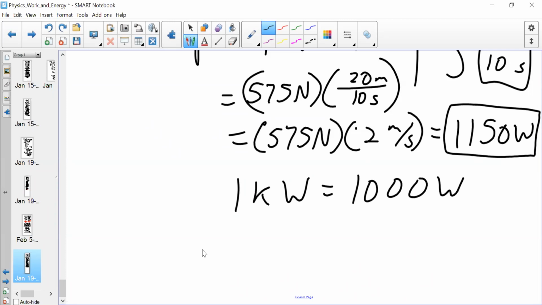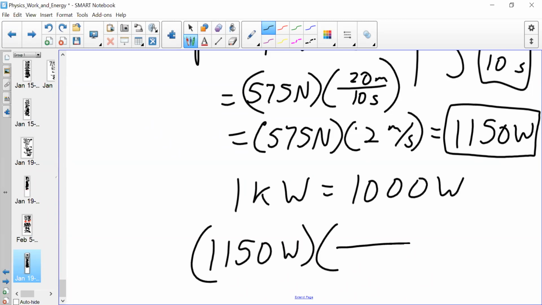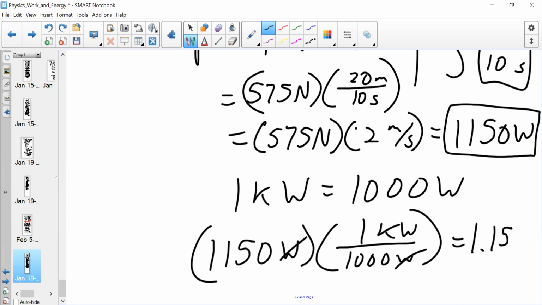Exactly, Joshua. If anybody did not see that, 1,150 watts, we know that there are 1,000 watts to 1 kilowatt. So watts goes away, and we can just divide by that to get what Josh told us, which is 1.15 kilowatts of power.